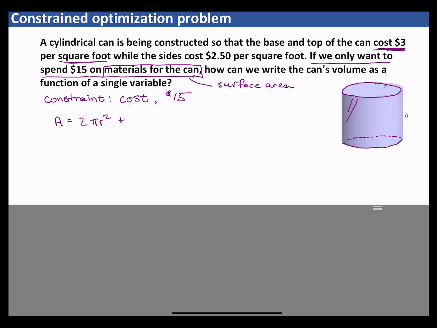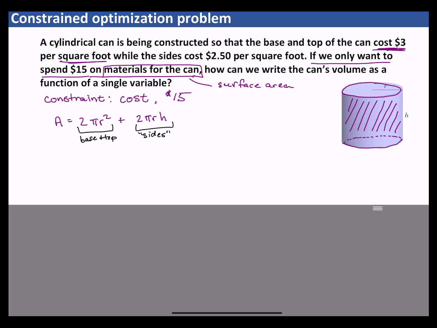Again, if you have reviewed the formulas for a cylinder, you'll remember that the formula for the side area is 2 pi r times h. So it's worth noting here, 2 pi r squared, that was the base and the top, and the 2 pi r h, that was the sides of the cylinder.